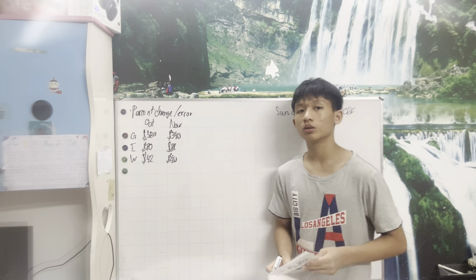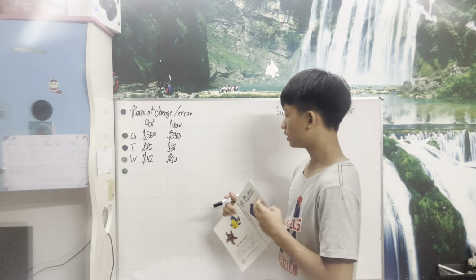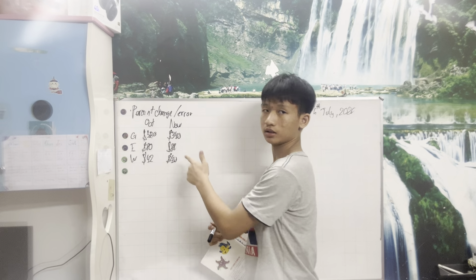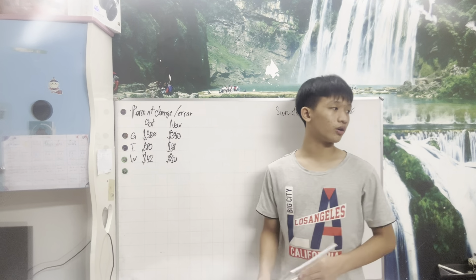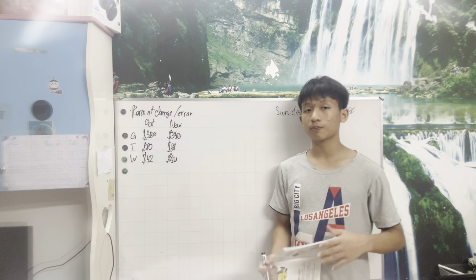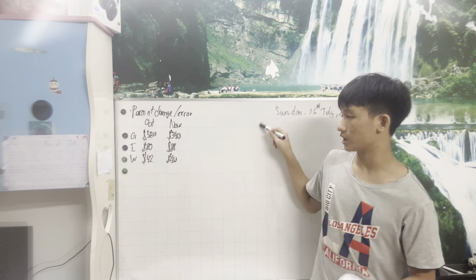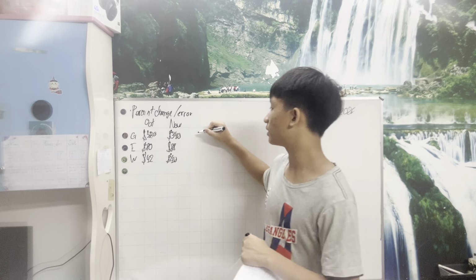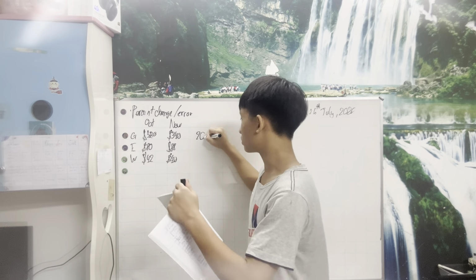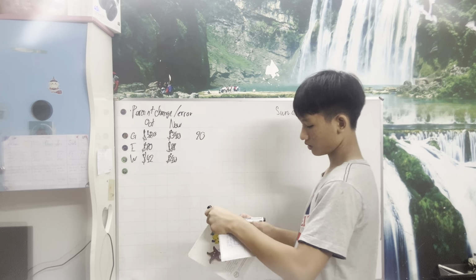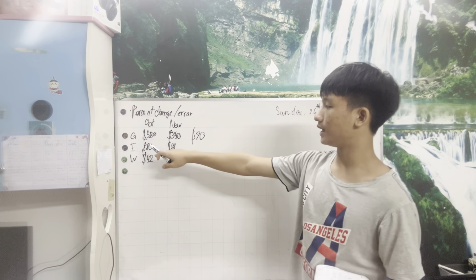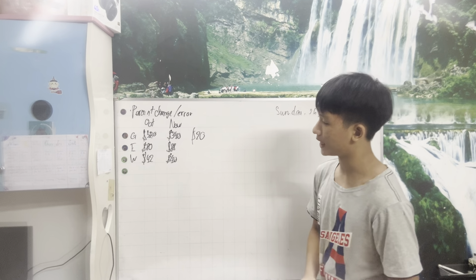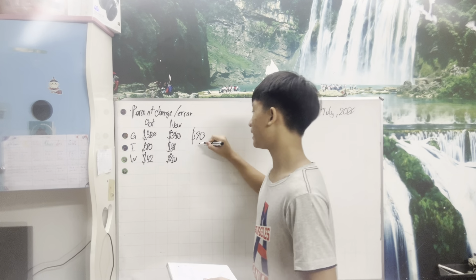So what we do is we first subtract this number and this number. So 320 minus 340, and if you make it always positive, like with two slashes, you will get $20. And the second one, 80 minus 88, make it positive, $8.